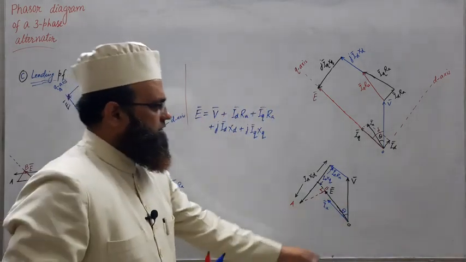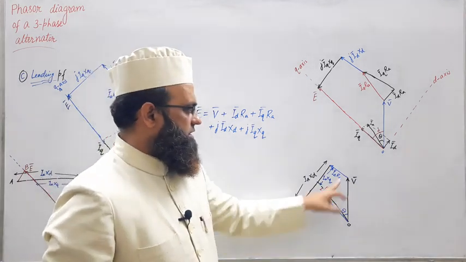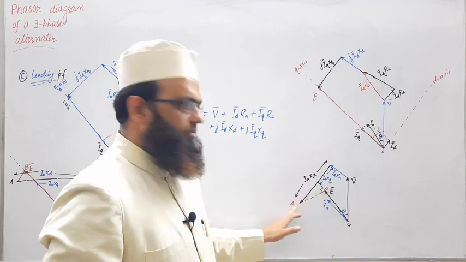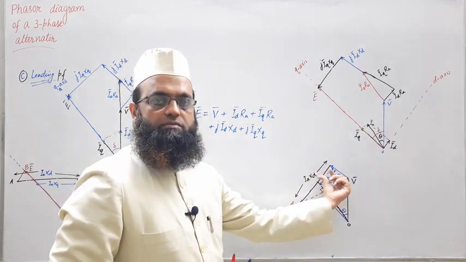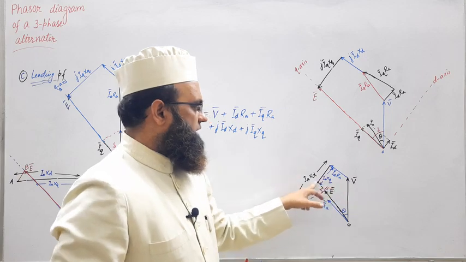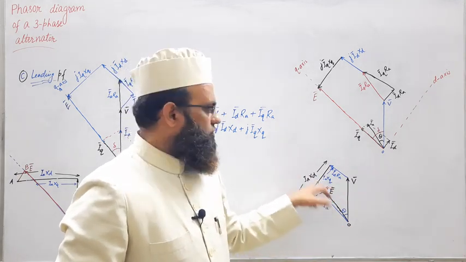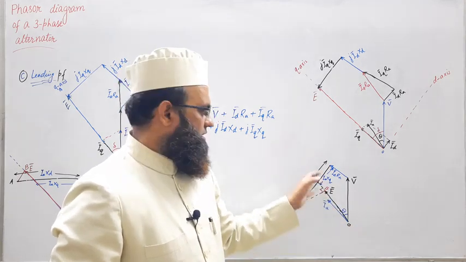Same procedure: draw V, then draw IARA parallel with IA, then perpendicular to IA draw IAXD and cut IAXQ from this. Wherever it has cut, join this point with O. So E will lie somewhere on this extended line, either inside.